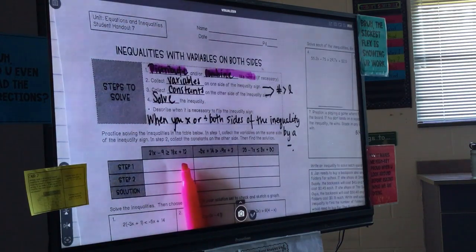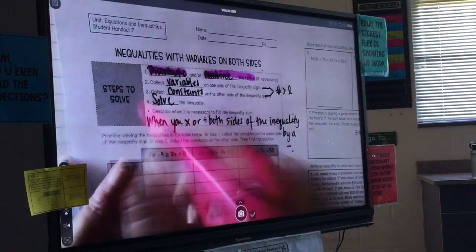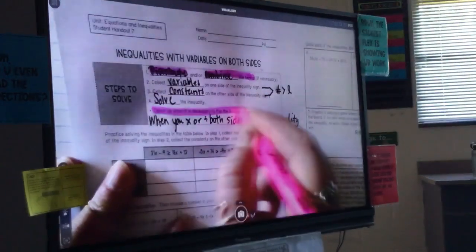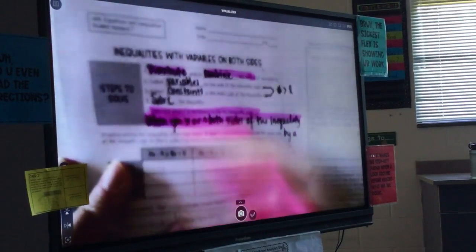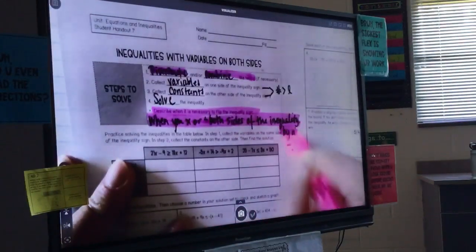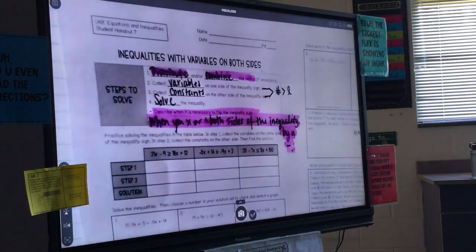So that's what that means. Obviously solving, and then this is going to be the part that we really struggle with, not because it's hard, but because we have to remember to do it.